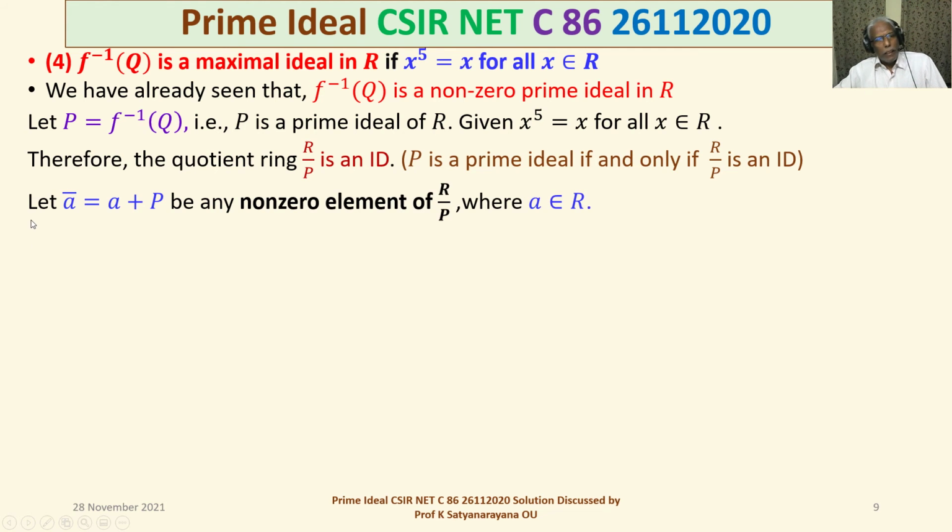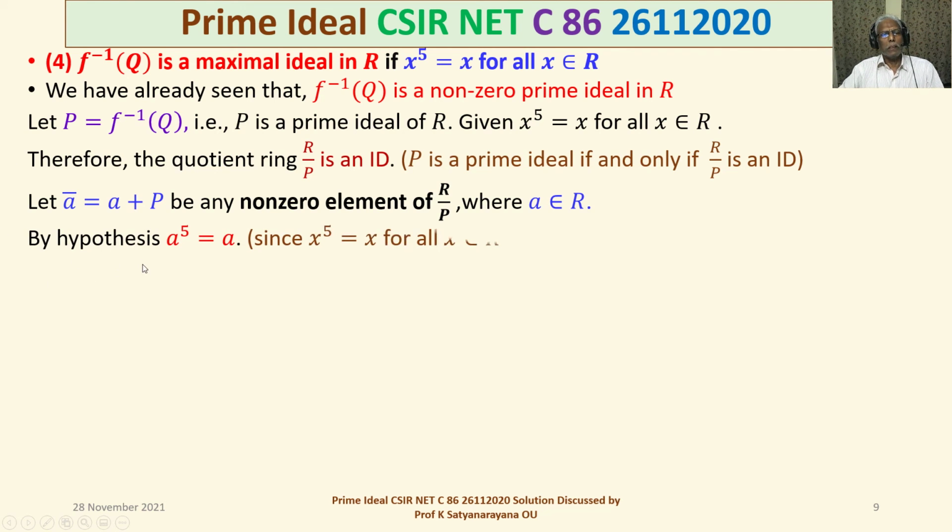Let us take a non-zero element of R by P, that is A plus P, an additive left coset of P. Let A bar is equal to A plus P be a non-zero element of R by P where A belongs to R, and therefore A is not equal to 0.